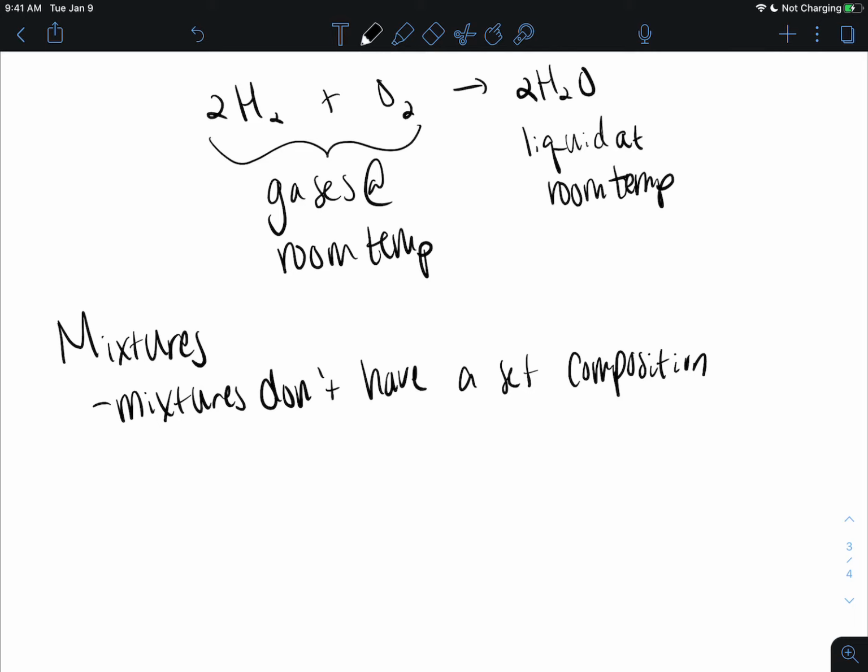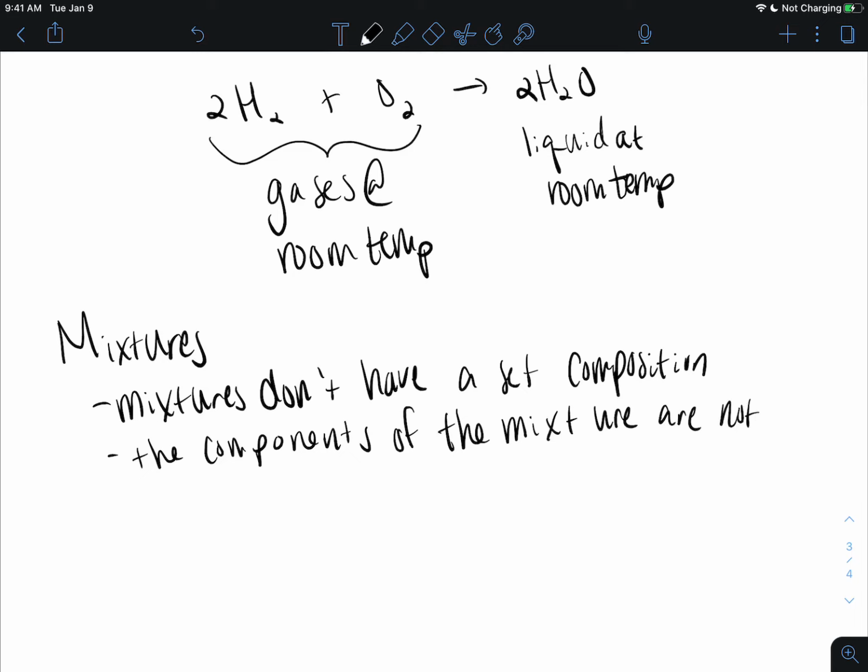And when you make a mixture, there is no altering of the pure substances. So the components of the mixture are not altered during mixing.